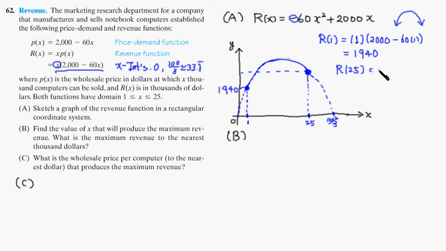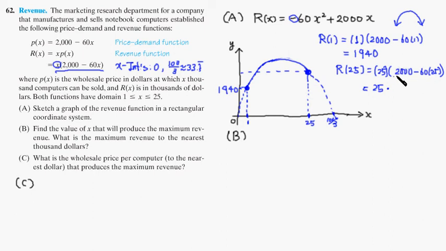So it's going to be 25 times (2000 minus 60 times 25). So 60 times 25 is going to be 1,500.